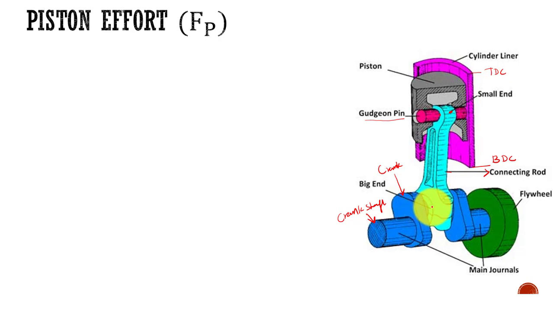This end we call the big end, and the bearing which is housed inside this region we call the big end bearing. These are the names that we need to remember while solving problems. This is the top dead center, this is the bottom dead center, and this is the piston, which reciprocates within this cylinder.